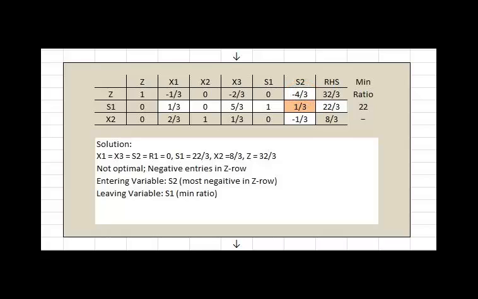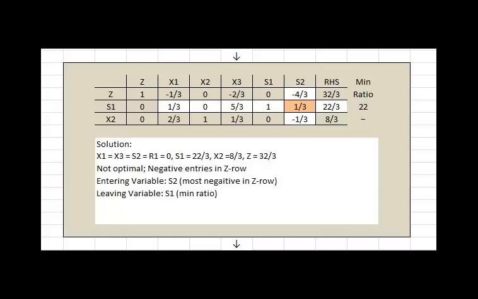So we are going to process that as entering variable. This entry is negative, so we are not going to calculate any critical ratio for that. And so the only option is S1. S1 will leave the basis, and S2 will enter into the basis.